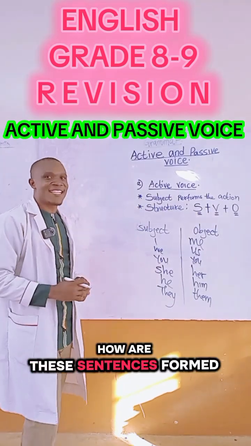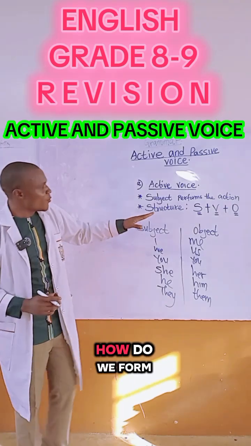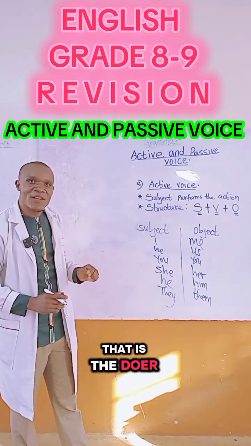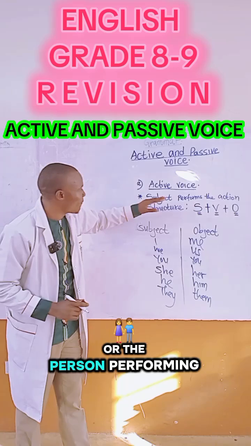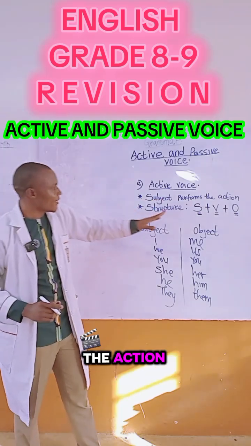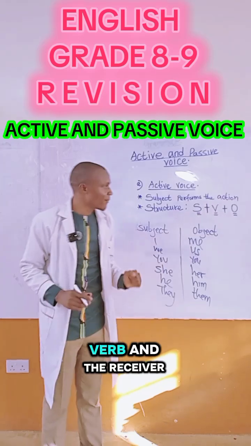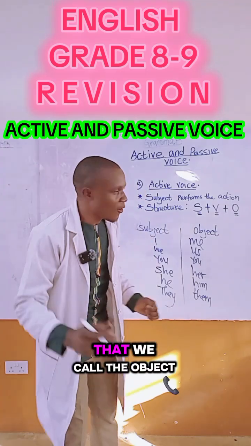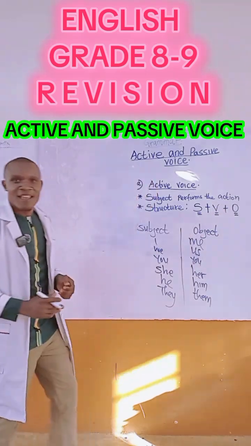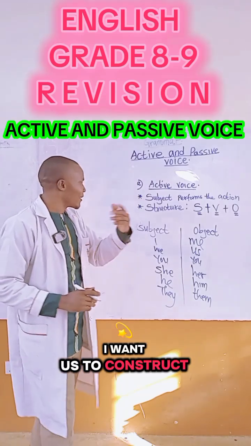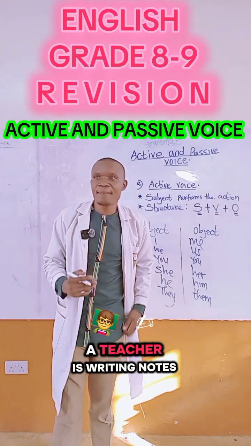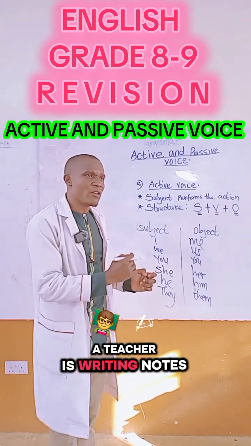Now, I want us to know the structure. How are these sentences formed? First is the subject, that is the doer or the person performing the action. Then we have the verb and the receiver, that we call the object. I want us to construct sentences now. The teacher is writing notes.